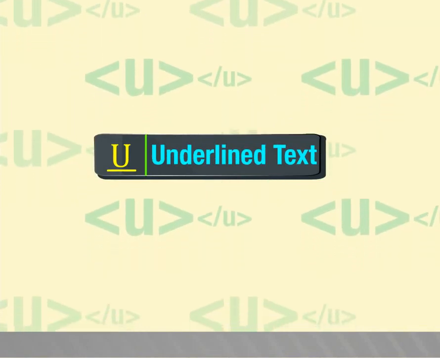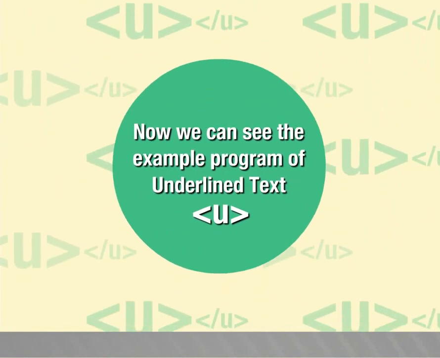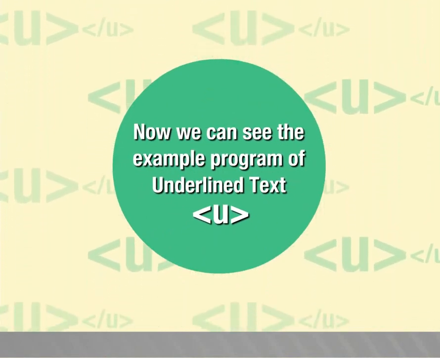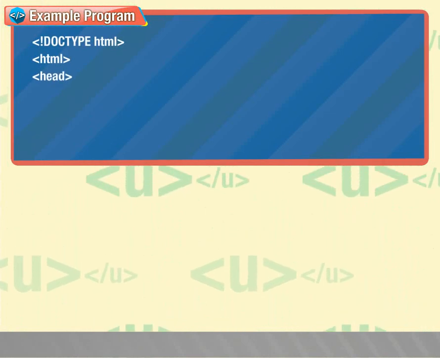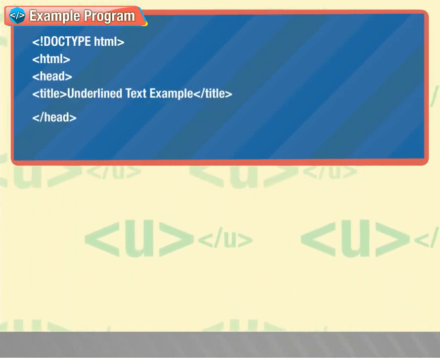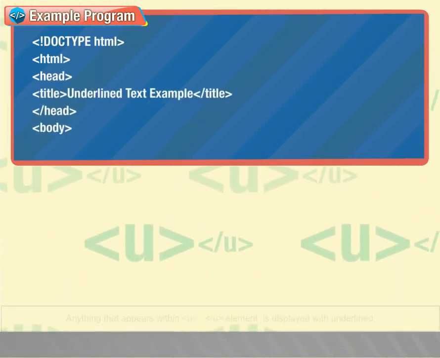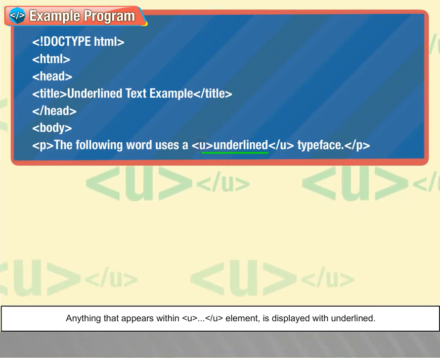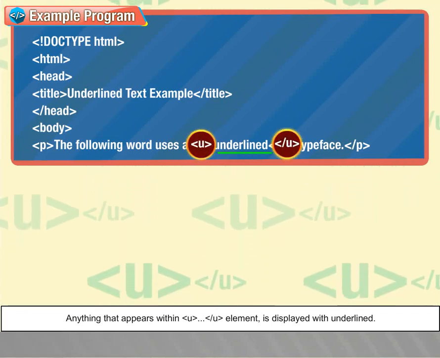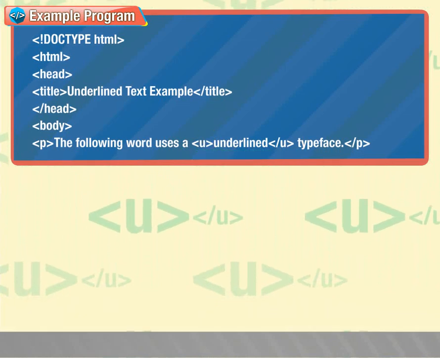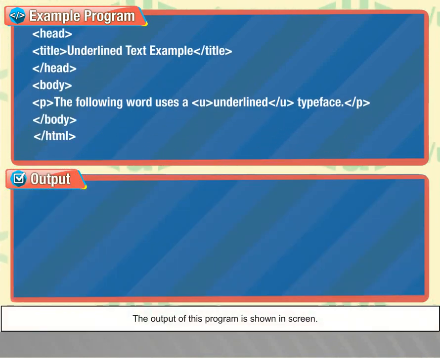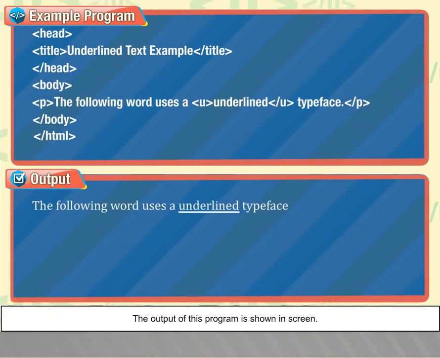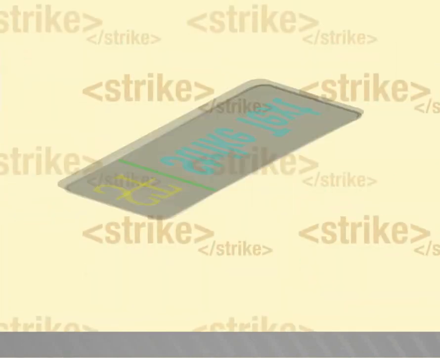Underlined text. Now we can see the example program of underlined text. Anything that appears within the U element is displayed underlined. The output of this program is shown on screen. Strike text.